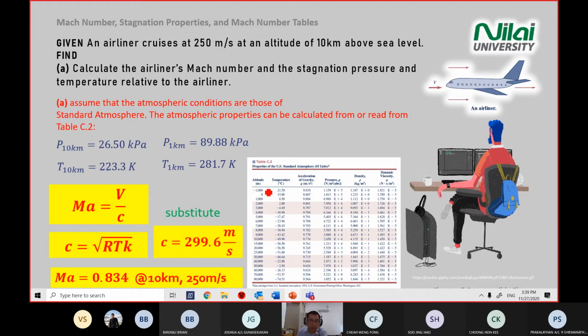From table C.2, you refer to the respective altitude and use the value. What you need to be careful about is that the temperature must be changed to Kelvin, because c equals the square root of RTk. The R value here you use from table 1.8, you multiply by T, where T is in Kelvin. k is dimensionless. So you can find the value.